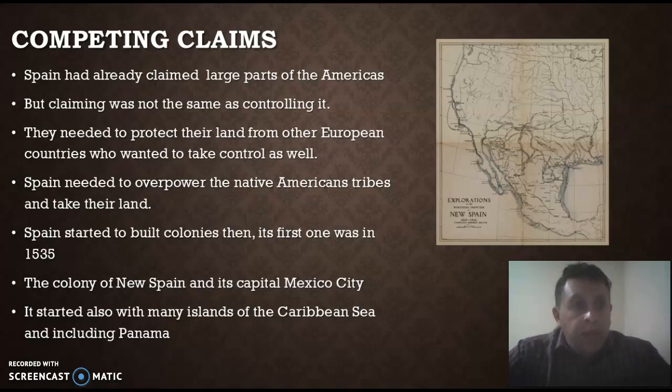So Spain, the Spaniards, the conquistadors, started to build colonies. Okay, and this started in 1535. Now the first colony, which we talked about in the last lesson, was New Spain. Now New Spain actually spread from east to west across North America, Central America, and the Caribbean.